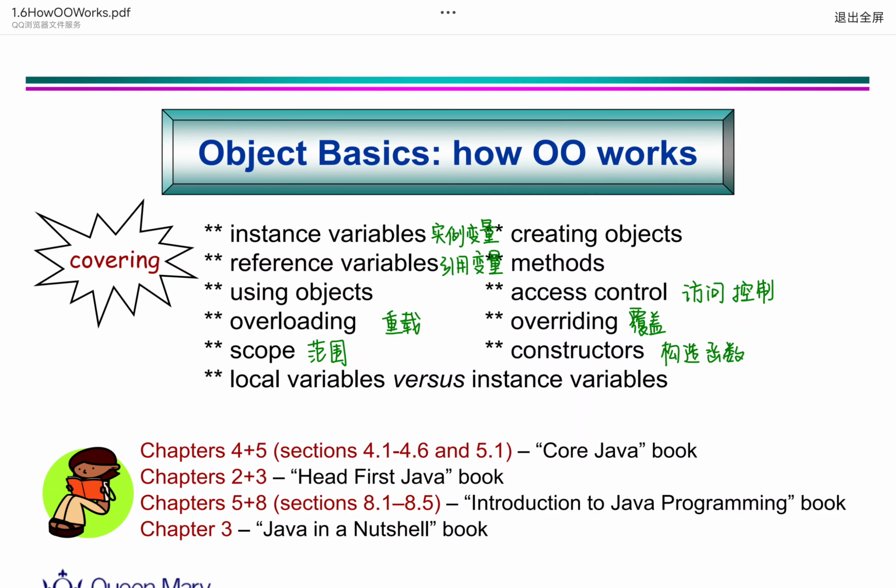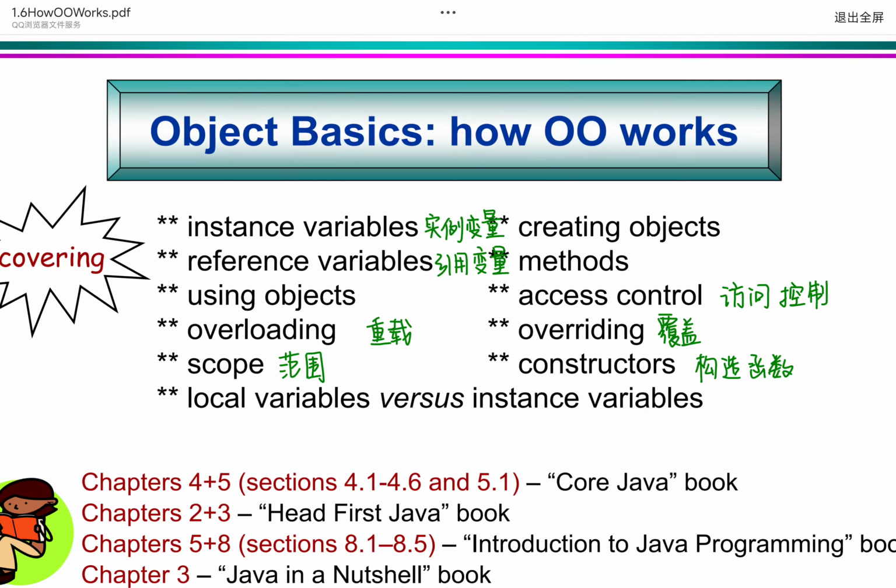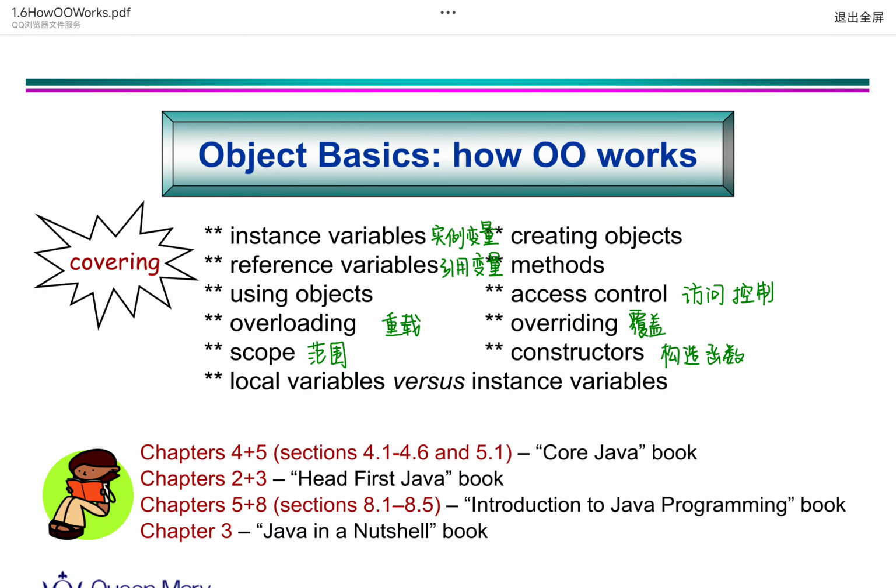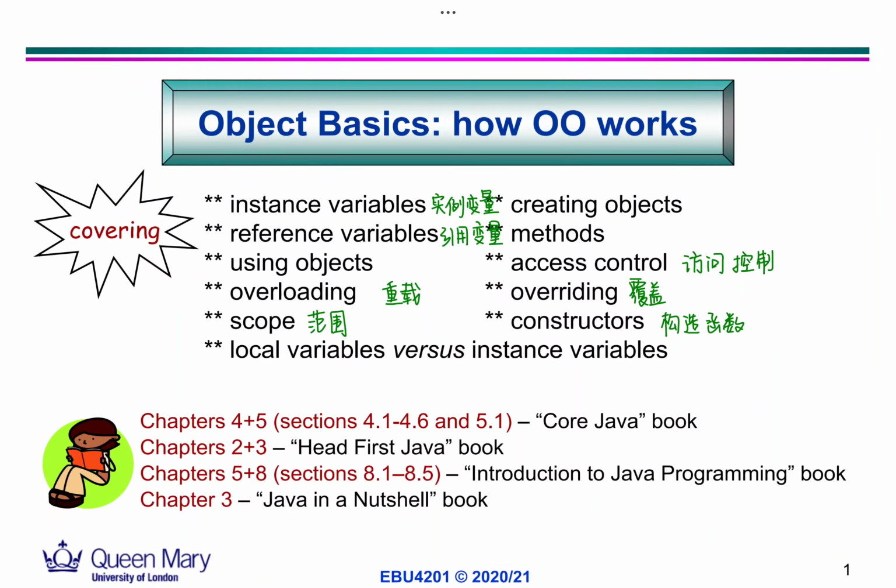Overriding means that when we have an initial function and then try to rewrite the function, we can just override it. And the constructor means the initialization, to help the object work better without anything breaking down initially.